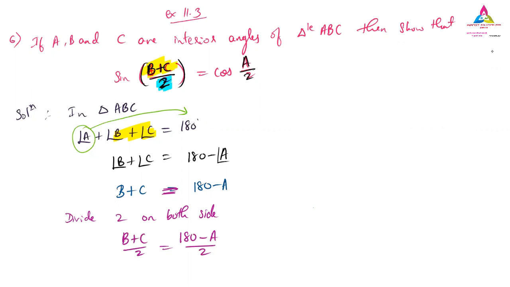So again it will continue. I will write B plus C divided by 2, and on the other side I will write 180 divided by 2 minus A divided by 2, taking 180 and A separately. Remember, if we have a denominator of 2 or any value, and we have one term or two terms, we can take it separately for the numerator.